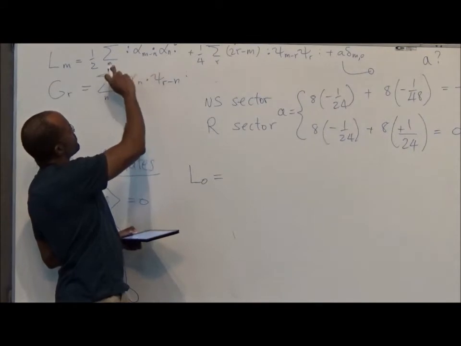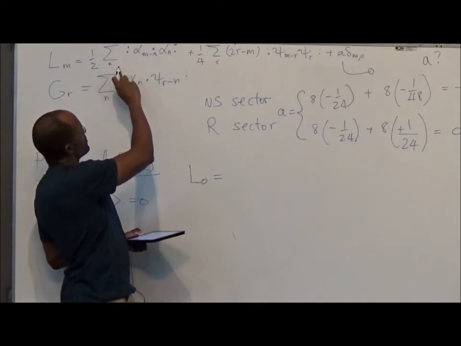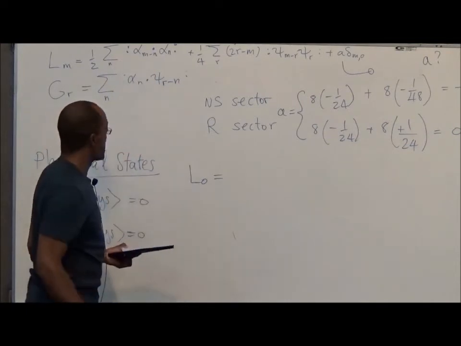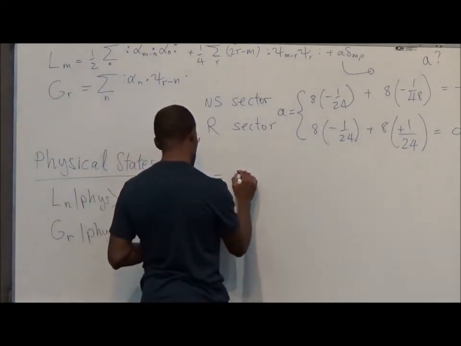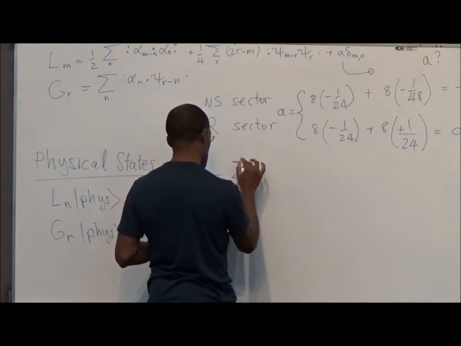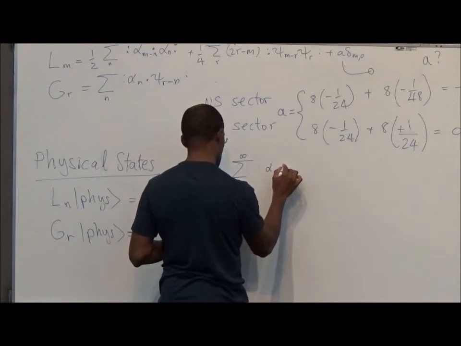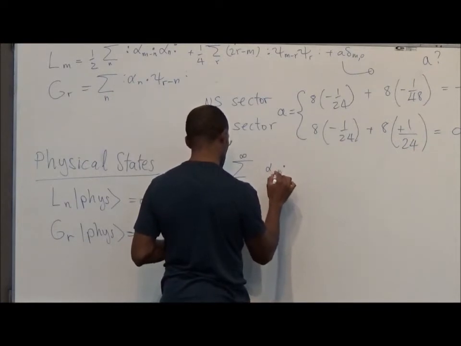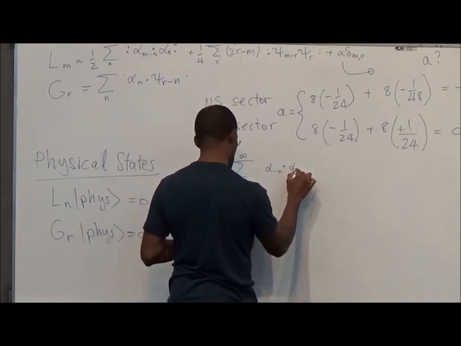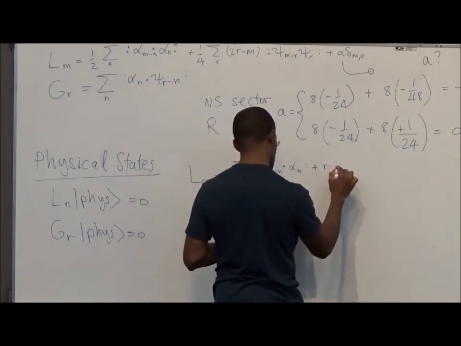I can write the sum of the negative integers and the sum of the positive integers as equal to each other, and then just put a factor of 2, killing the half, giving me the sum from n equals 1 to infinity of alpha minus n dot alpha n, plus r.